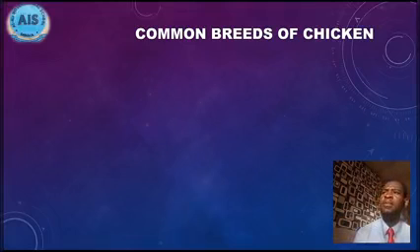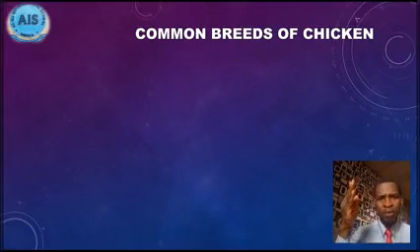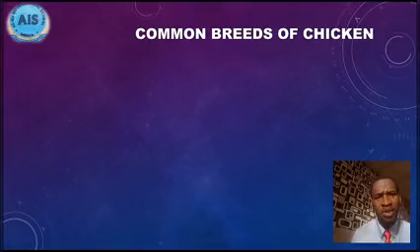Take for instance, you as an African comparing yourself with an Asian or a Chinese person, you will notice that there are some physical differences. For instance, your hair color and the nature of your hair is quite different from that of a Chinese person, but they are still humans, isn't it?